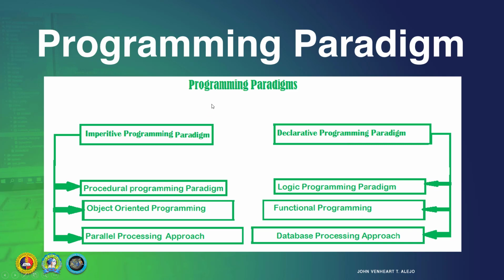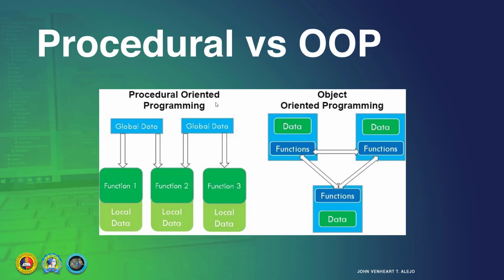Okay, so let's go deeper comparing two paradigms, which are procedural programming and object-oriented programming. In the diagram, we have procedural-oriented programming and object-oriented programming. So we have global data.